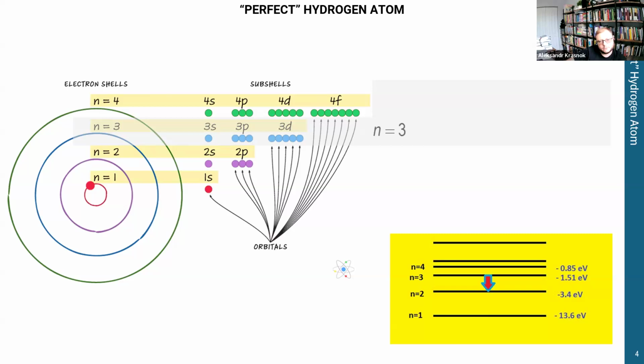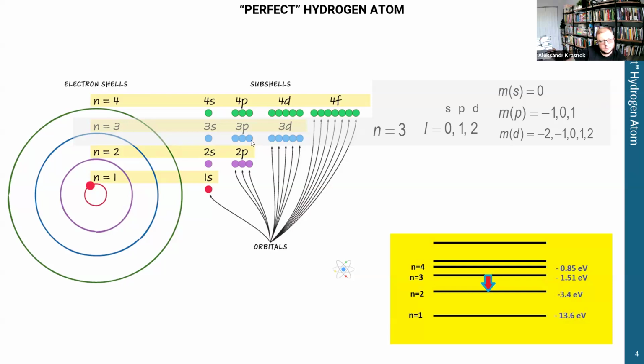Here L can be equal to 0, 1, or 2, so 3 different magnitudes of the angular momentum. We denote them by s, p, and d, so we have the orbital s, a group of orbitals p, and a group of orbitals d.